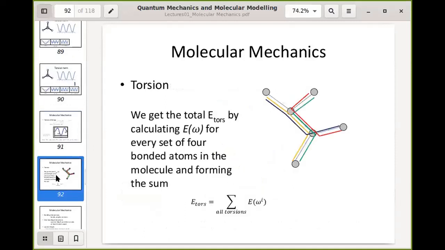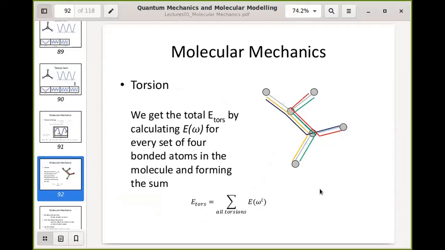Of course, in a general molecule, there are many torsion angles. Can you see this red torsion angle in this molecule? That red torsion angle is at about 0 degrees, and that 0 degrees might not be the equilibrium torsion angle that you're looking for. And so there might be a cost to having that arrangement for that red torsion.